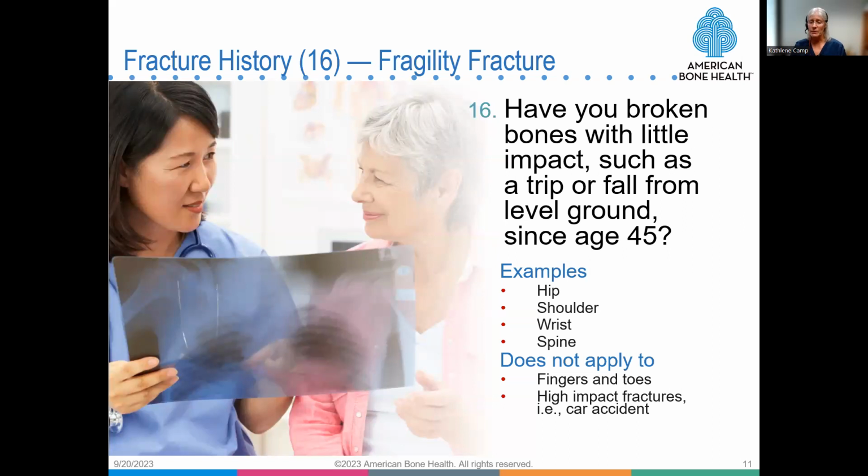Our bodies should be able to sustain a fall from a standing height without a fracture, unless there is an underlying cause that makes the bones fragile. A fragility fracture is sometimes defined as a fracture from something you wouldn't expect to cause a fracture.